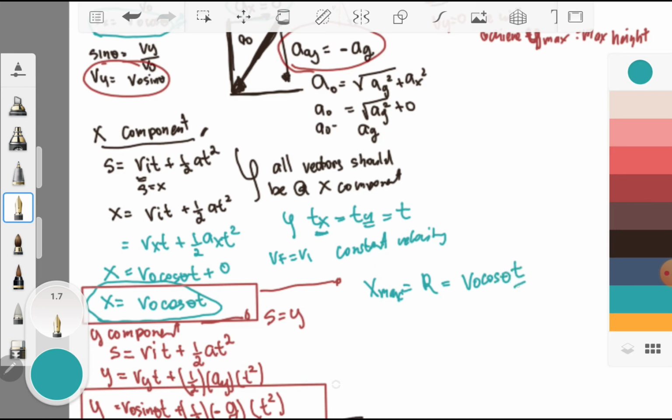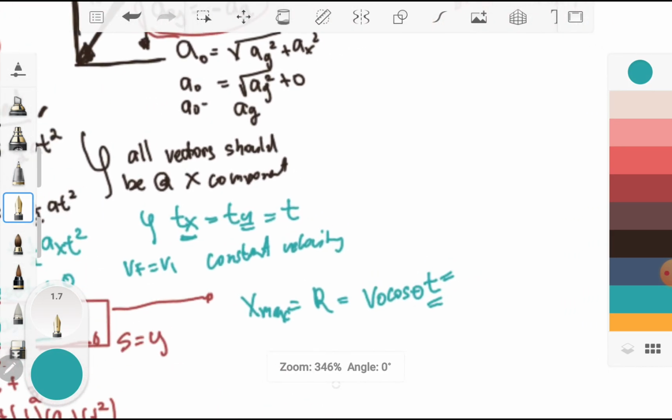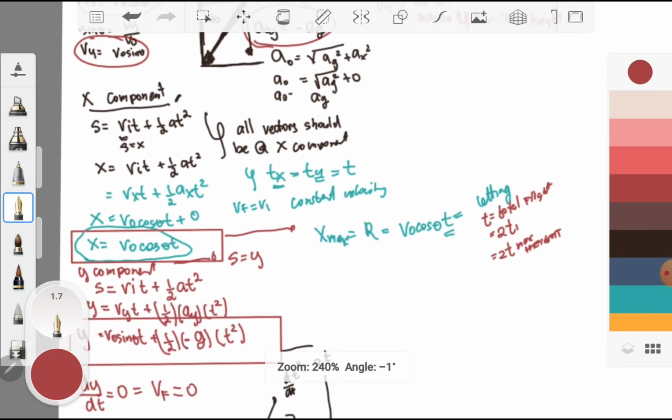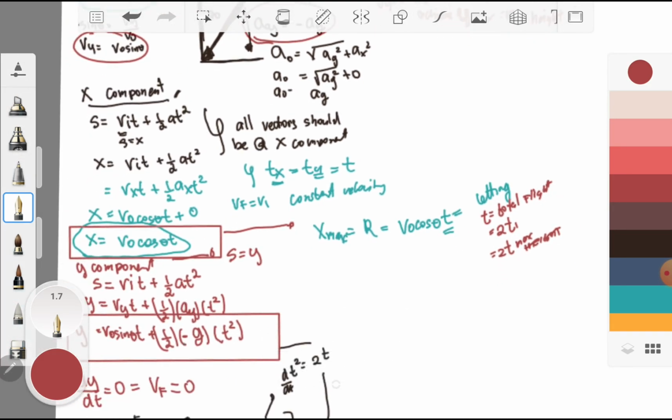But what is my t? Take note that my t is equal to, letting t equal to total time of flight, which is particularly equal to 2t1 or equal to 2t at max height. So therefore, substitute mo na lang dyan yung value ng r mo or yung t mo.